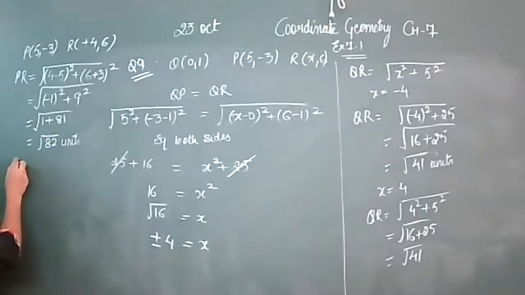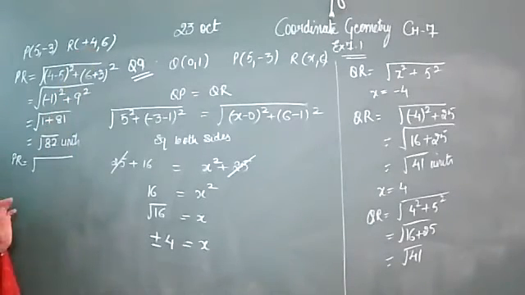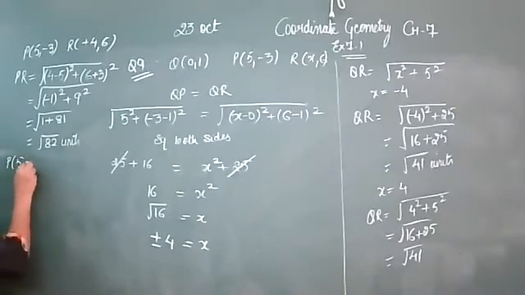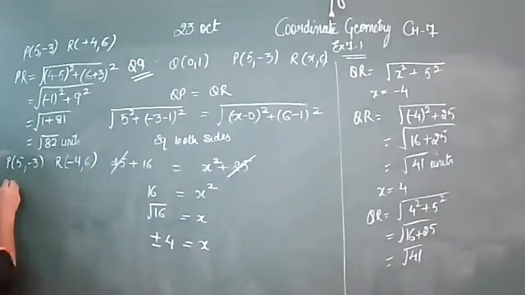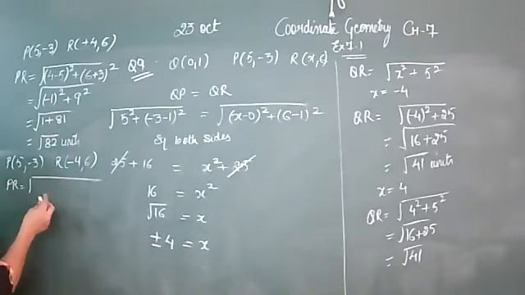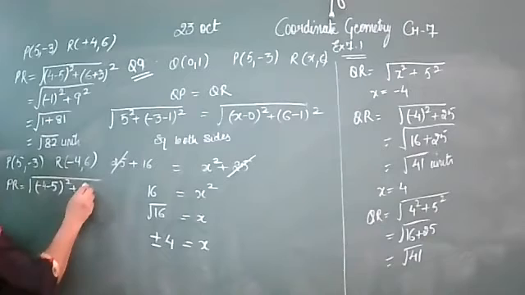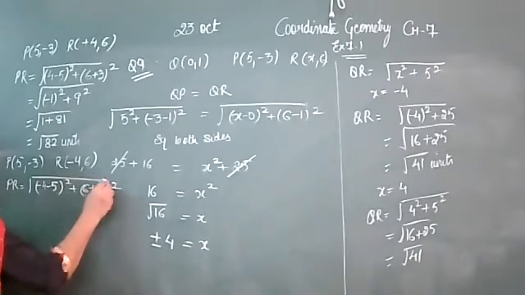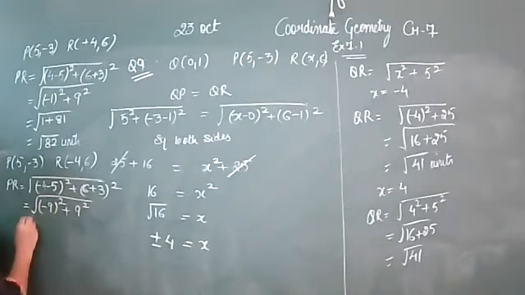Got it? Now, if you take a negative number, here, I'm writing again the coordinate of P as 5, minus 3 and R as minus 4, 6. Then you will find PR again by the distance formula. But instead of positive, we have taken negative. So minus 4 minus 5 whole square plus 6 plus 3 whole square. That will give you minus 9 square plus 9 square.